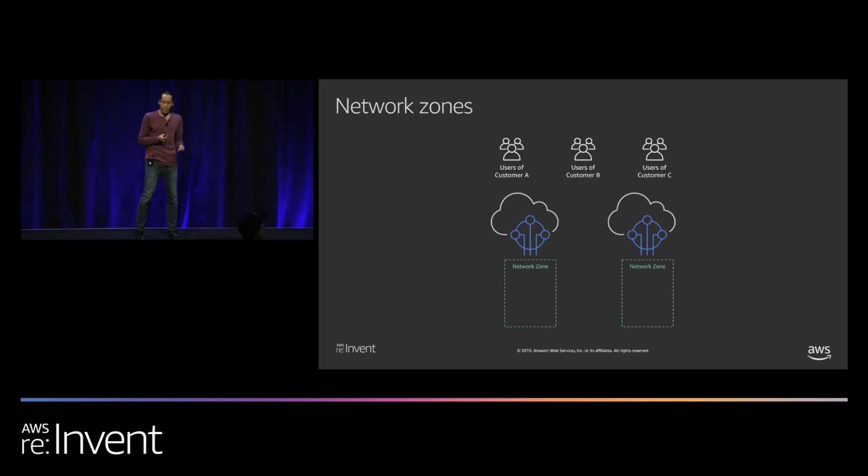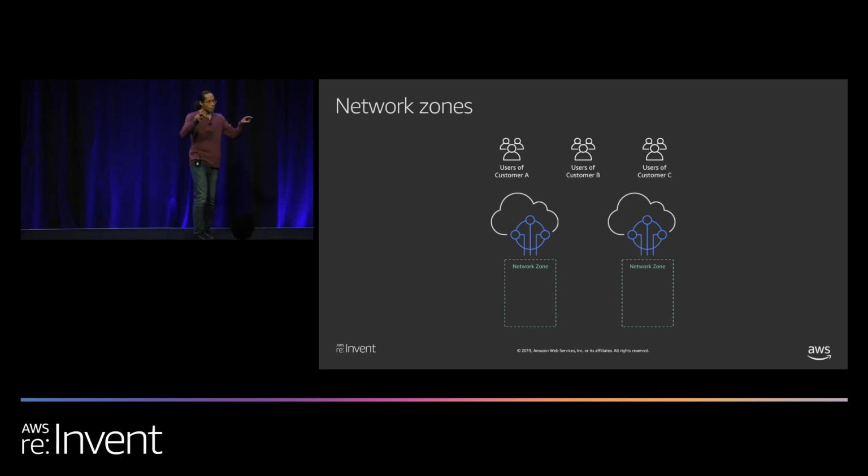So how do we address these kinds of things? What we do is we break down the problem, we isolate workloads, and we reduce blast radius. So in this case, what we offer are network zones. These are similar in concept to availability zones within AWS regions. So with network zones, we take that infrastructure that we're deploying at the edge, and we deploy isolated, independent infrastructure, unrelated to each other.